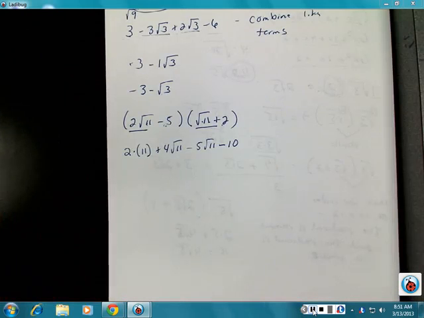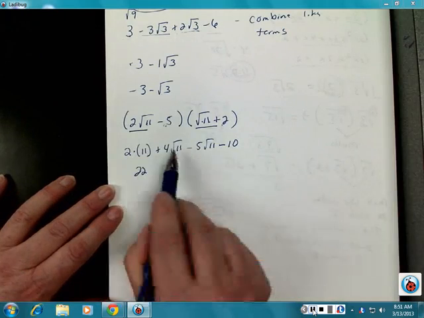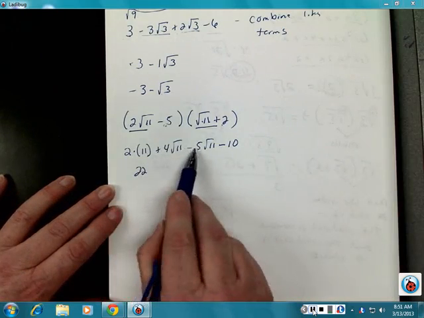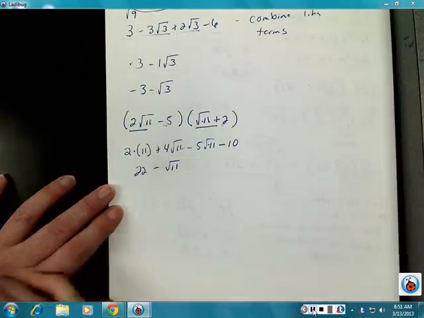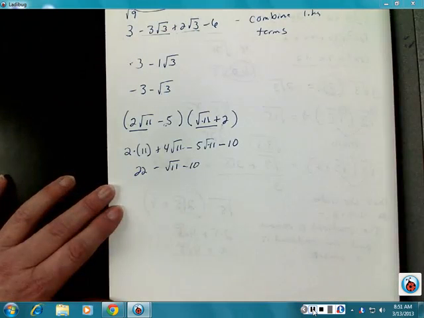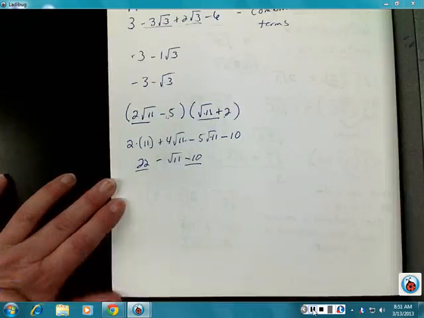Negative 5 times a positive 2 is a negative 10. So then I need to clear out a couple things in here because 2 times 11 is good old 22. 4 minus 5, these two match each other, so I have a minus the square root of 11, minus 10. But I'm not quite done yet because 22 needs to be combined with the negative 10.